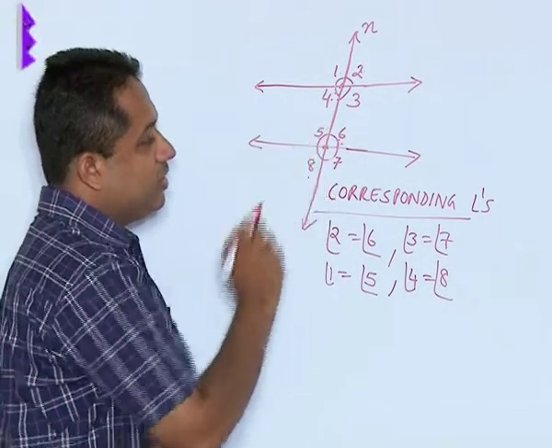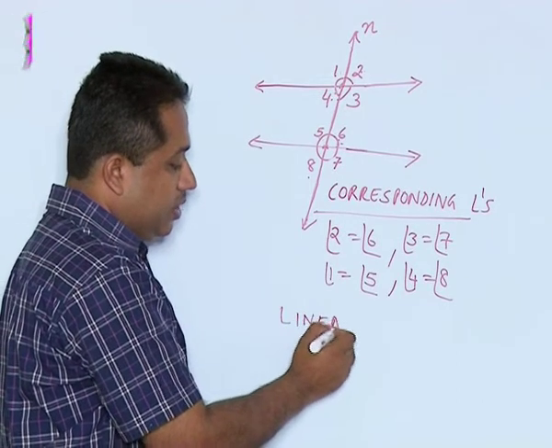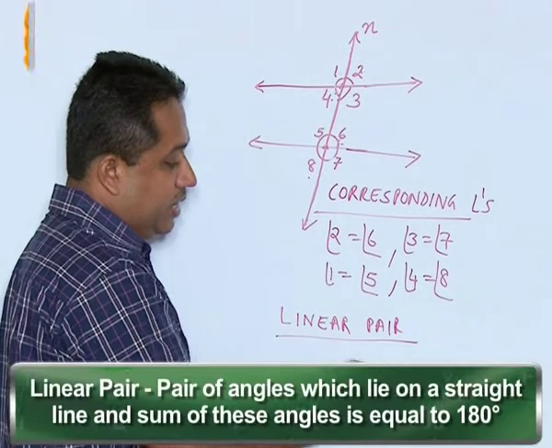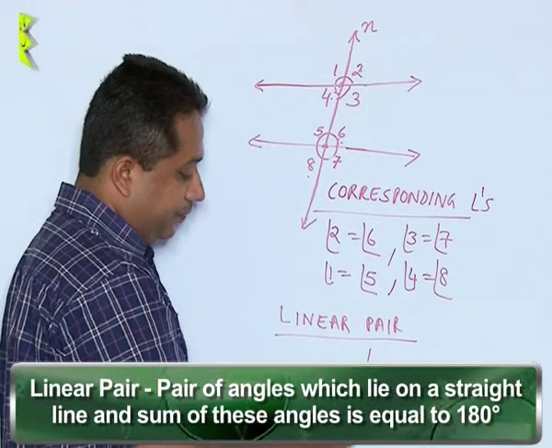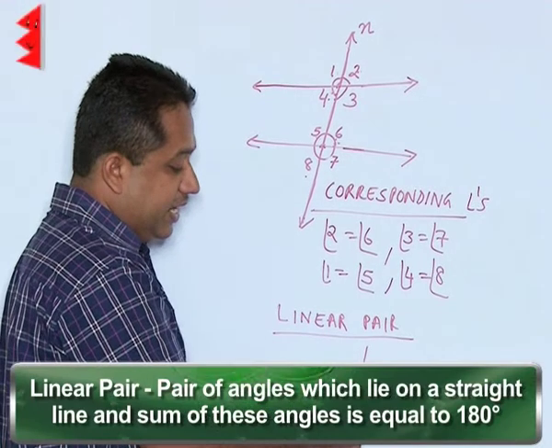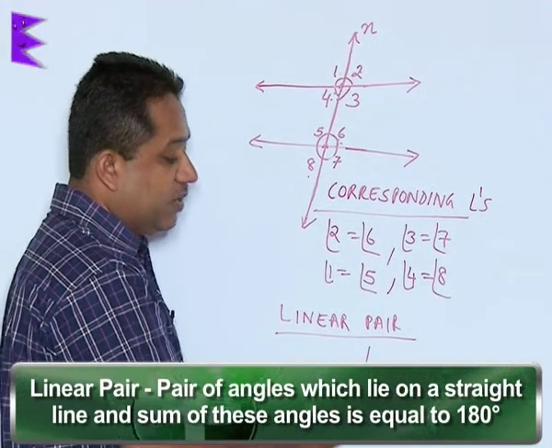And in all this, we have something called the linear pair. What is the meaning of a linear pair? A linear pair is a pair of angles which lie on a straight line, and we have seen that when it is a straight line, we have a straight angle, which means that the total of x and y will give you 180 degrees.